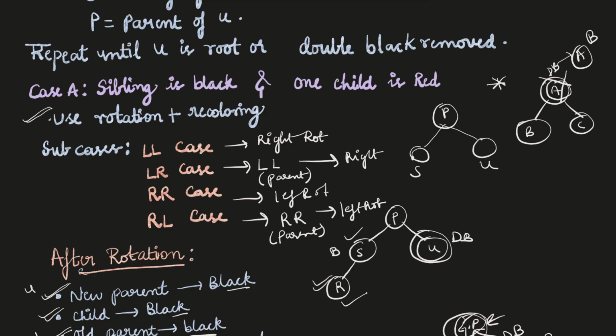So here we need to use the case where the sibling is black and one child is red. We are having two children as red, so there is no problem. We can take either one child or we can take two. It is like one of the children is red.